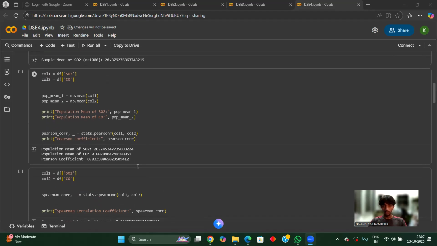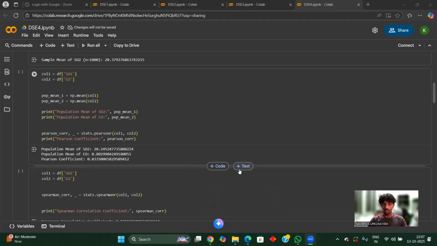And the fourth program is Pearson correlation between SO2 and CO. Program 4 explores the linear relationship between SO2 and CO using Pearson correlation.